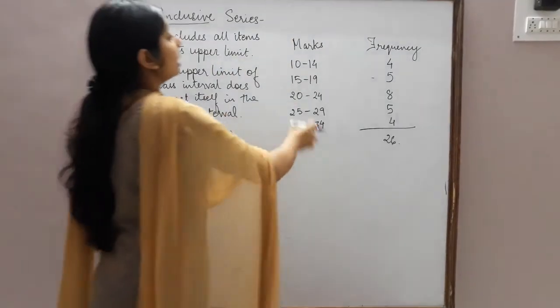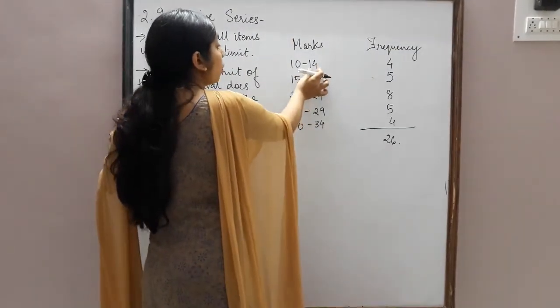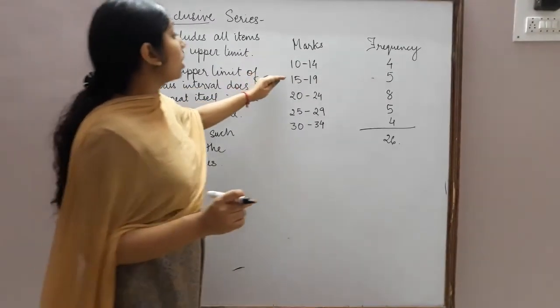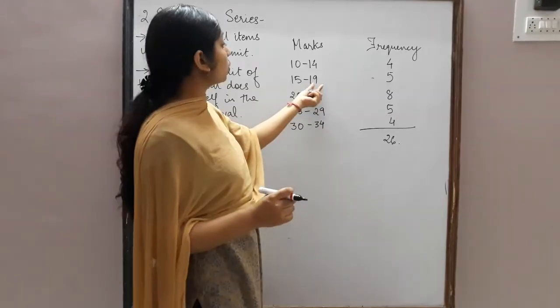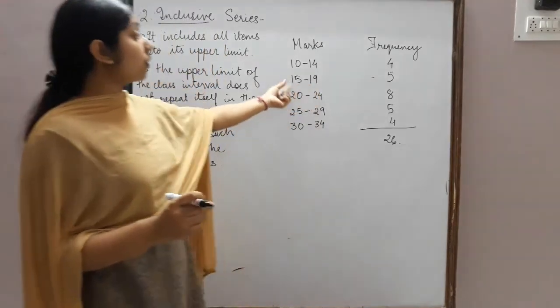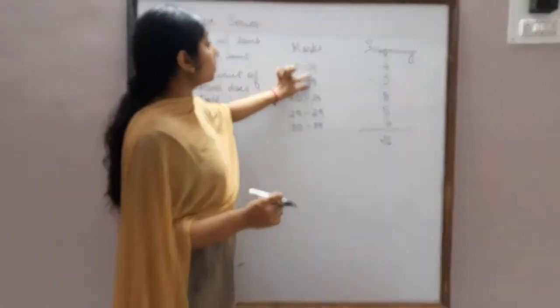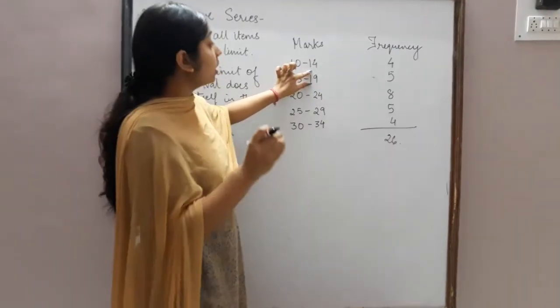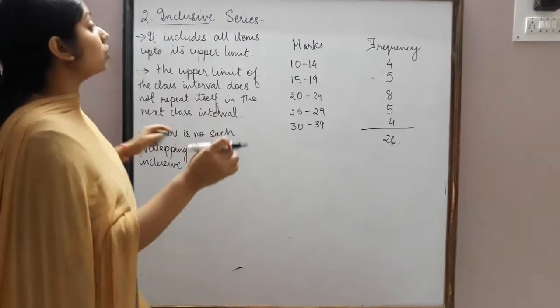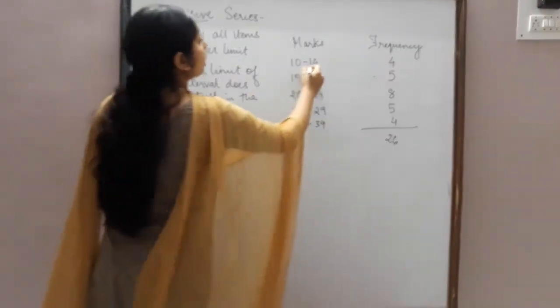So if any item has the value 19, it will be included in the range 15 to 19. Whatever item holds a value up till 19 is included in this range. So you see, children, there is a gap also, there is no continuation.